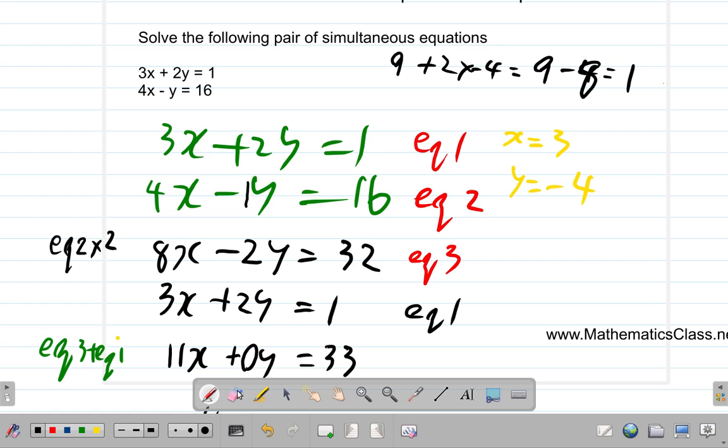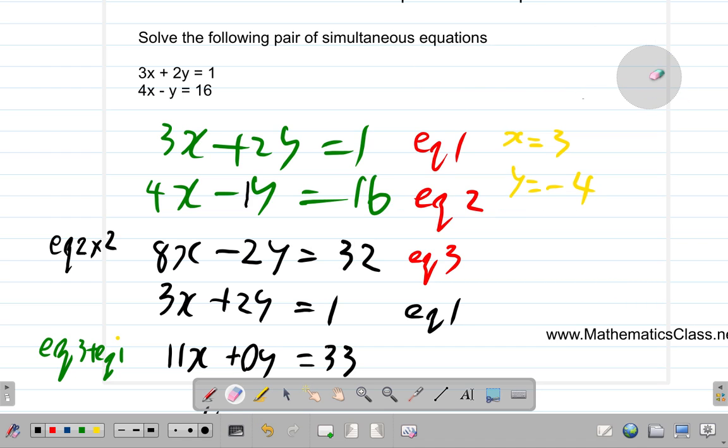Okay, 1. Alright, it works out with equation 1. Try equation 2. 4 times x is 4 times 3, which is 12, minus negative 4, which is 12 plus 4, which is 16. Okay, good. 16.